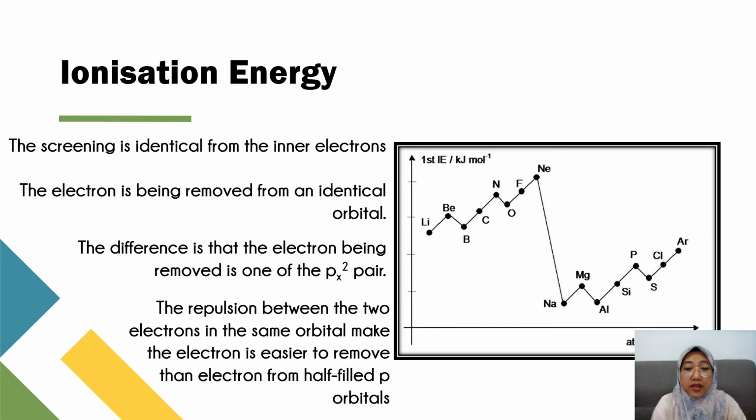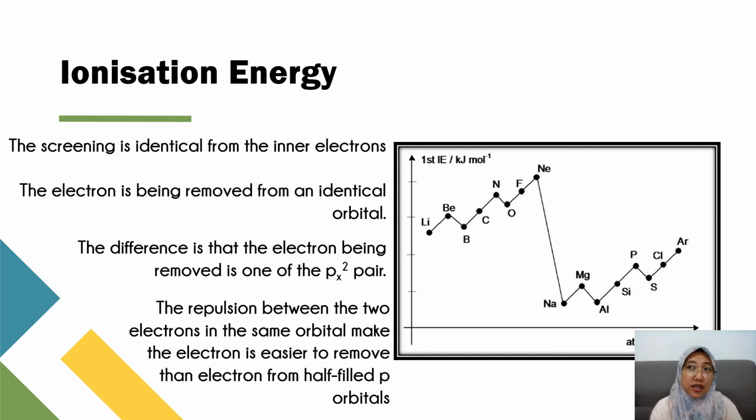So the repulsion between the two electrons in the same orbital make the electron easier to remove than electron from half-filled p orbitals. Okay, jadi dekat sini bila kita ada 4 elektron dalam orbital yang sama, iaitu p orbital, kita akan susun dia single pairing. Okay, so bila pairing ni, yang pairing ni kita akan keluarkan dululah.